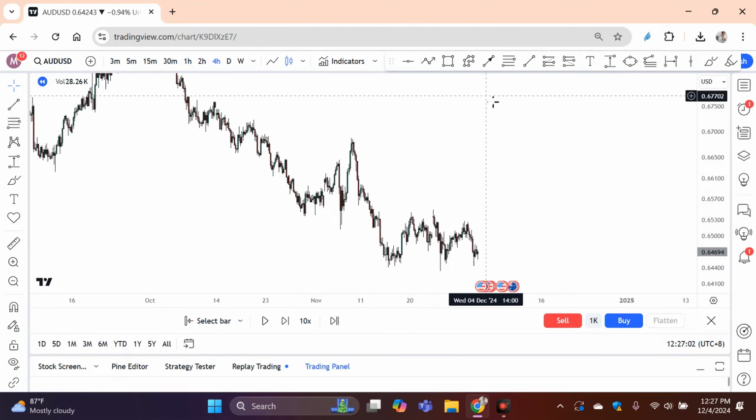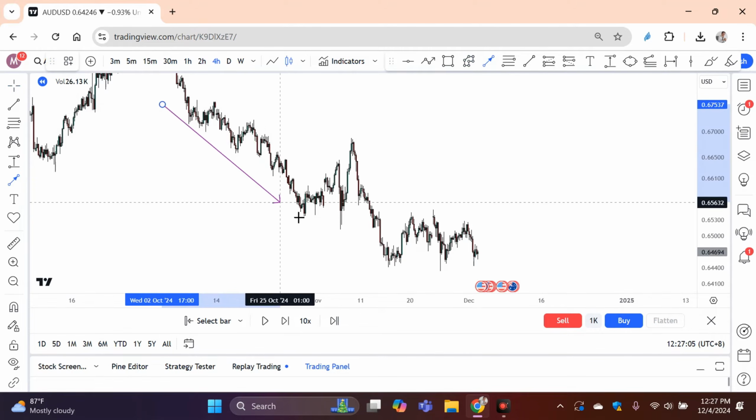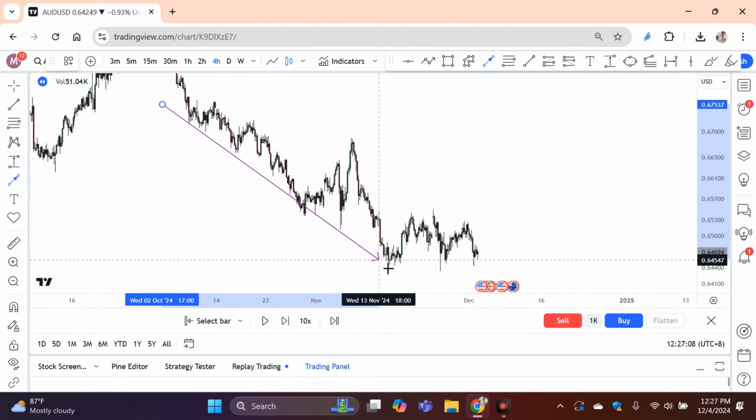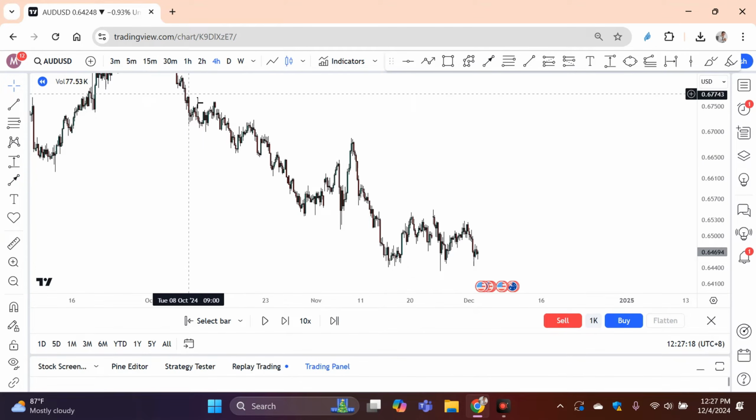What happened here is that you can notice the price has been going downtrend for quite some time, and you need to identify where is the important high and important low in order for the trend to change.